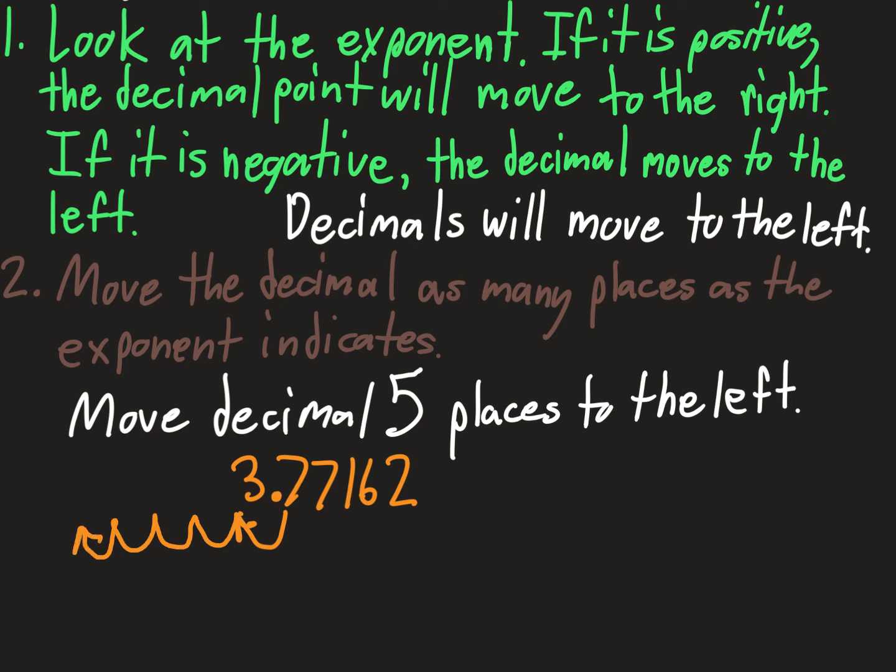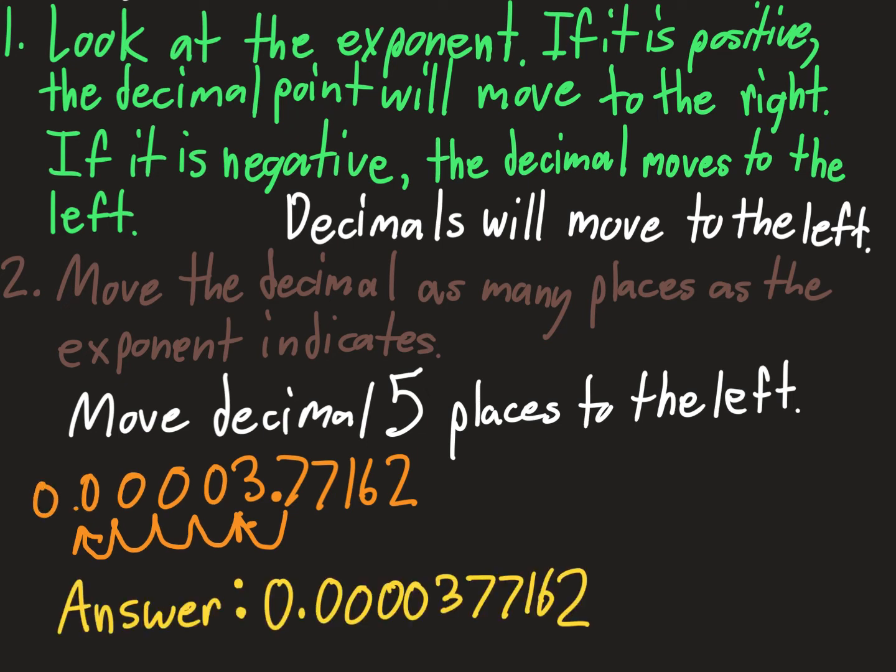We then have 0.000037762. Notice how in this case we only have 4 zeros between the decimal and the 3. That's because the first place we moved over the 3. So the exponent does not tell you the number of zeros to put, it tells you how many places to move.